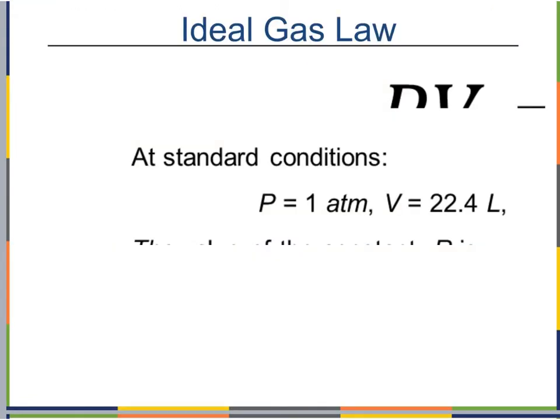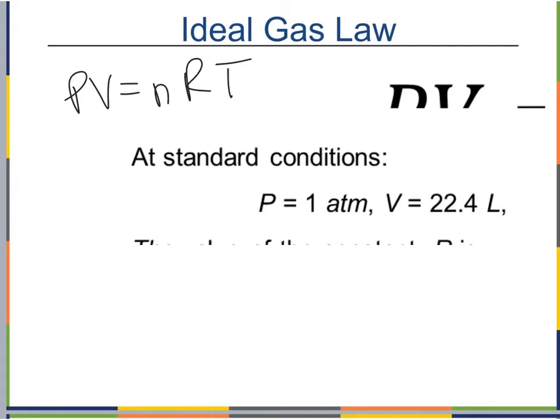But what we really want to look at is the ideal gas law, okay? And the ideal gas law is PV equals nRT. And a lot of this is cut off here. And when we look at this, we have a bunch of standard conditions.